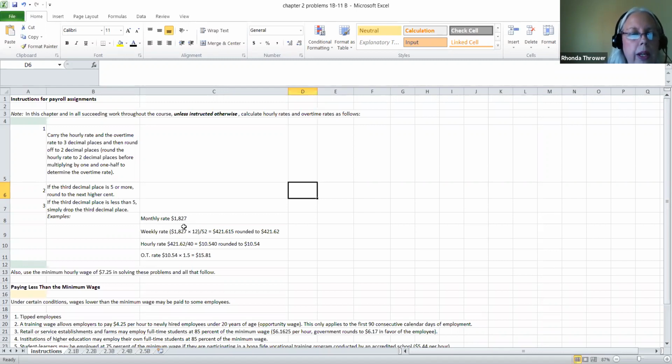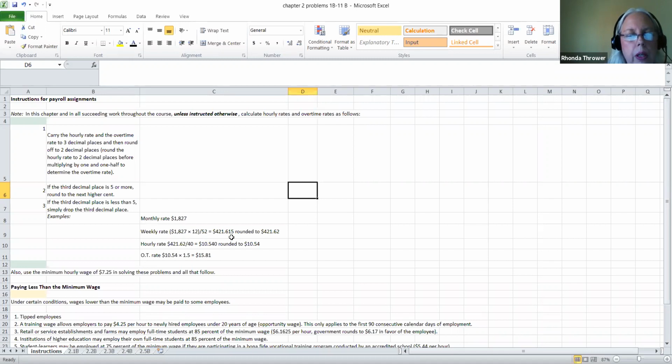The monthly rate is $1,827. If you were finding the weekly rate, you would take the 1,827 monthly rate, multiply it by 12 months in a year, and then divide it by 52 weeks in the year, and that will give you $421.615.